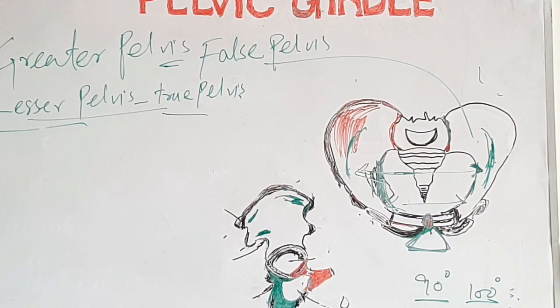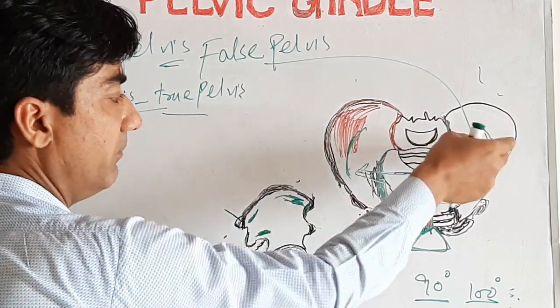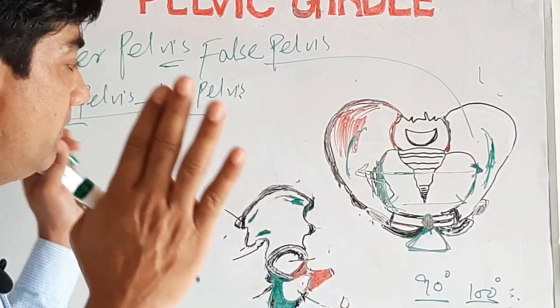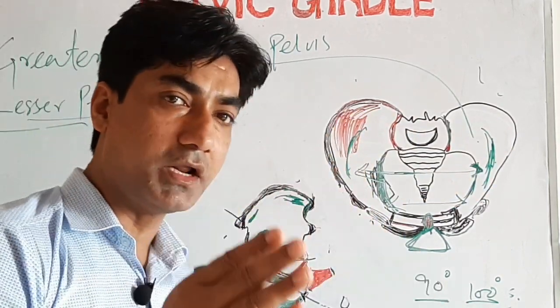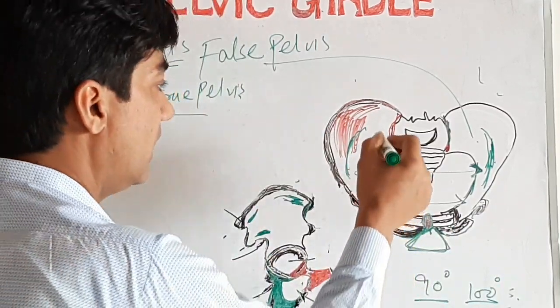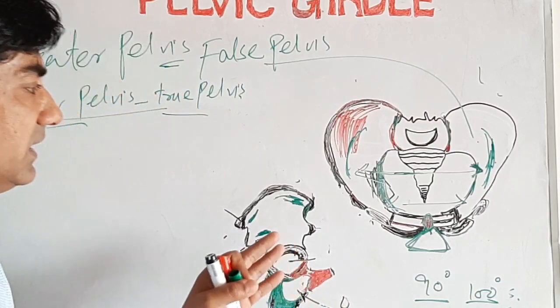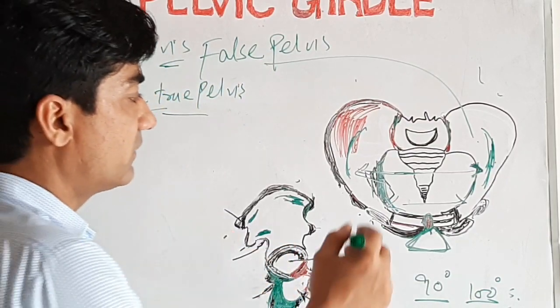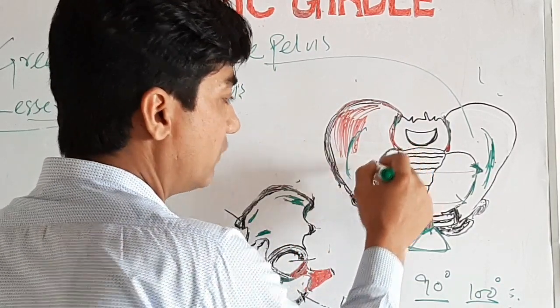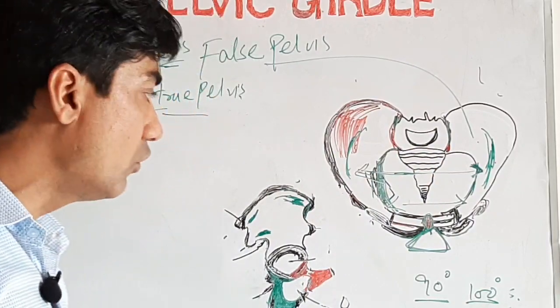There are some differences in the male and female pelvic girdle because the female pelvic girdle is broader than the male pelvic girdle, but an individual can recognize it easily at a glance. But here are some features we have to discuss and we should know about.